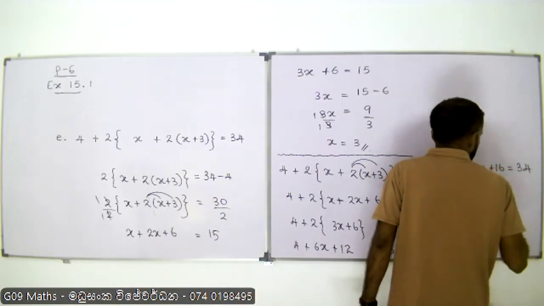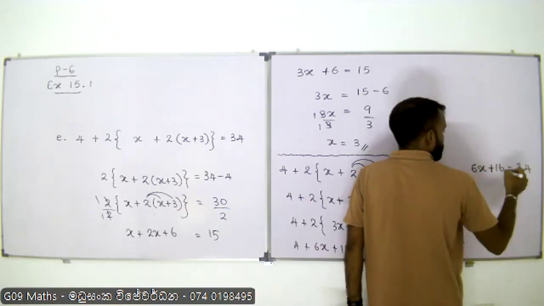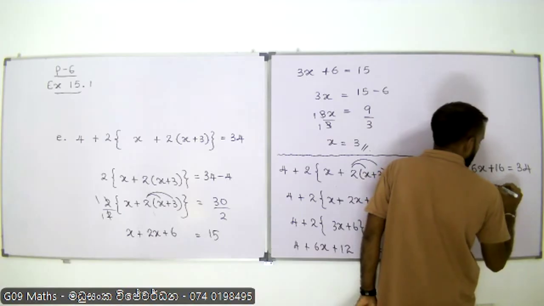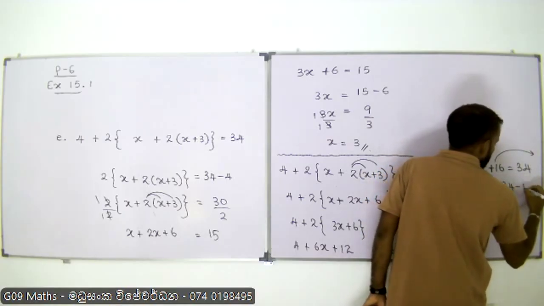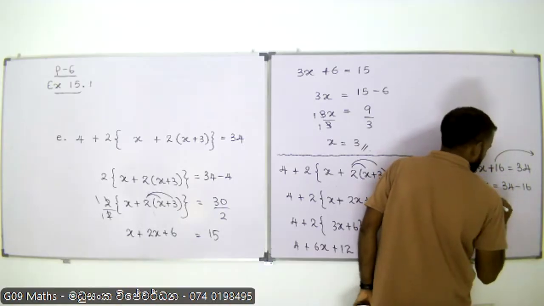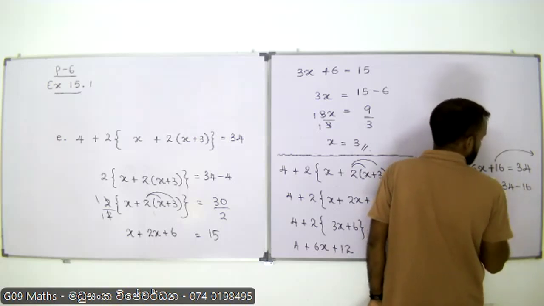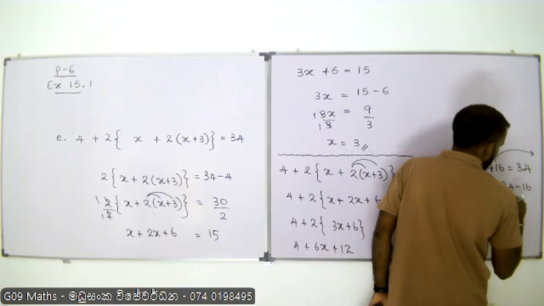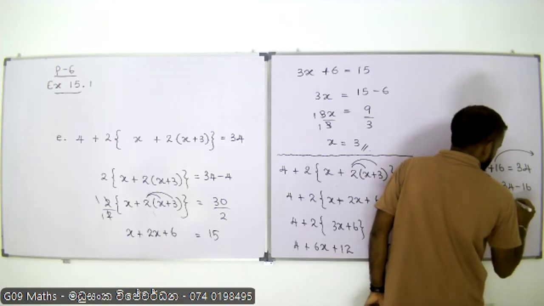So this is positive 16. You know how to take it to the other side. That means negative 16 from both sides. So that you can write 6x is equal to 34 minus 16. 6x equals 34 minus 16 will give you 18.